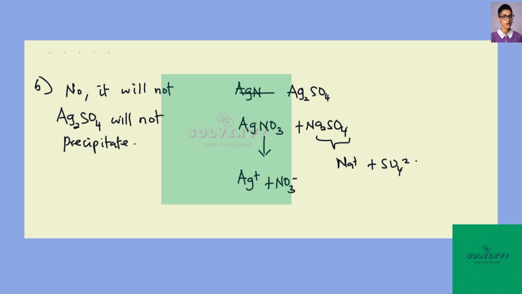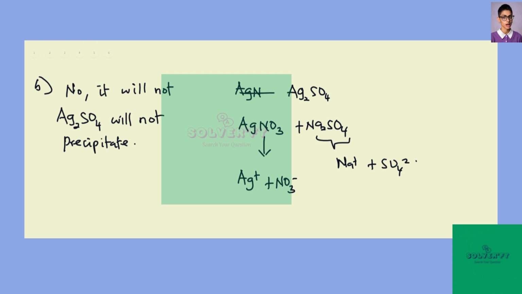Another thing to note is that a substance will only precipitate if it is insoluble in an aqueous solution. If we look at the solubility rules, all sulfates are soluble except barium, lead, calcium, and strontium.